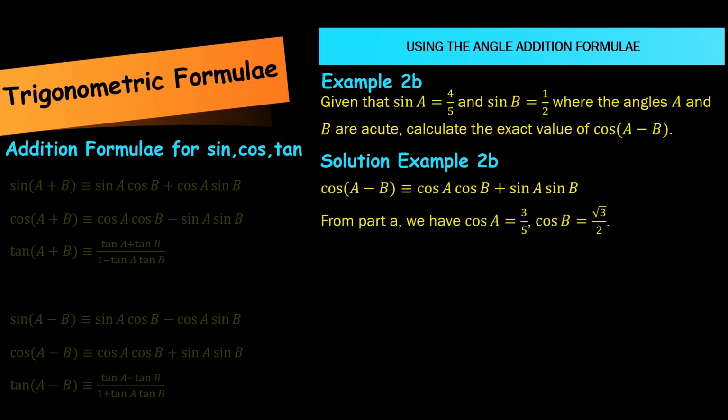From part A, we have that cos A equals 3 over 5 and cos B equals root 3 over 2.